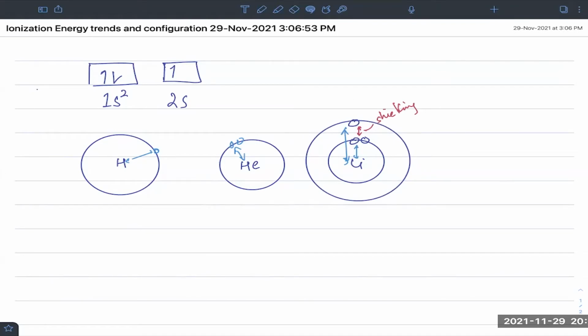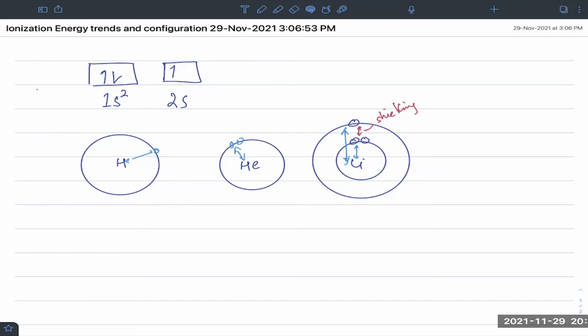While it will try to pull it, the last shell is going to be sent outwards because there is shielding. The primary factor here is shielding, because the increase in protons isn't that much, but the increase in shell is more significant. So there's more shielding, and the increase in the effective nuclear charge isn't that much.